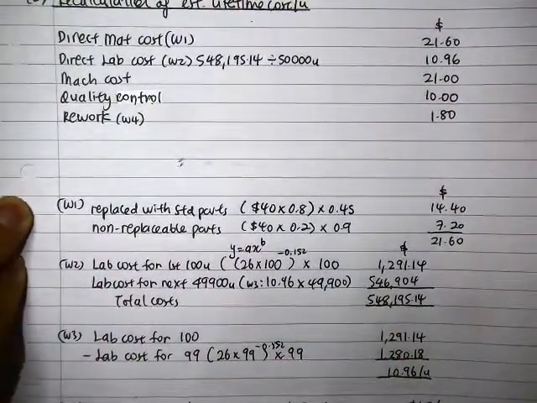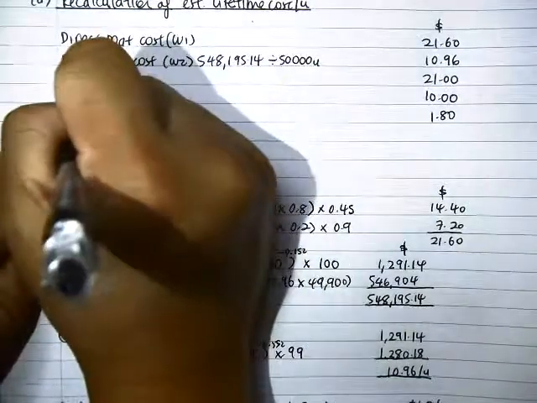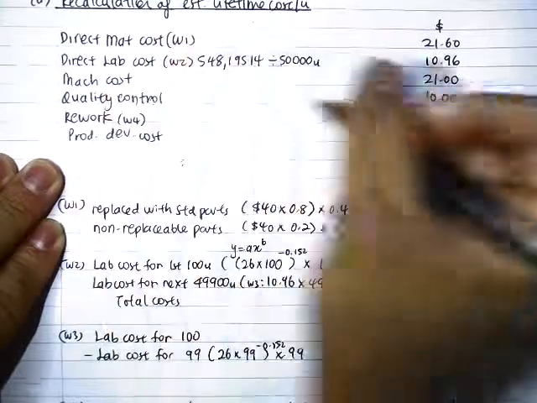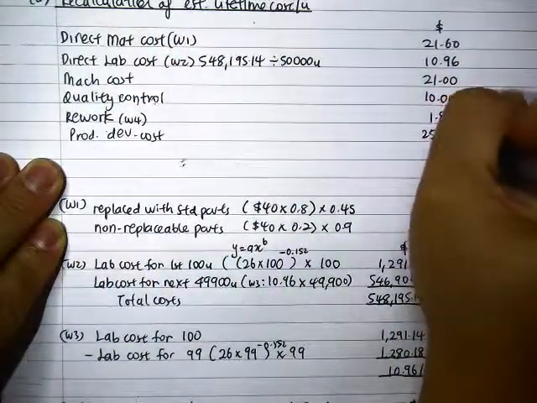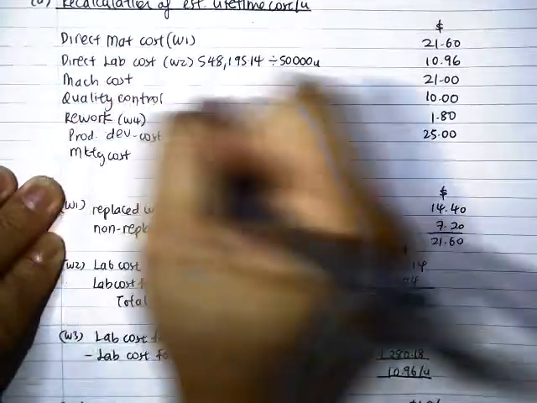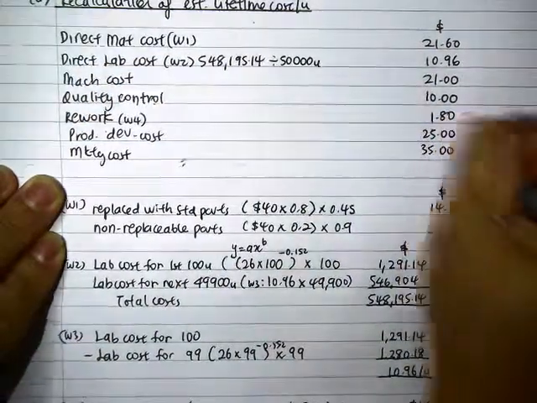Okay, the two more items will be your product development cost, 25, and then your marketing cost, 35.